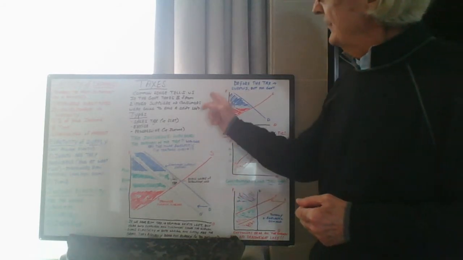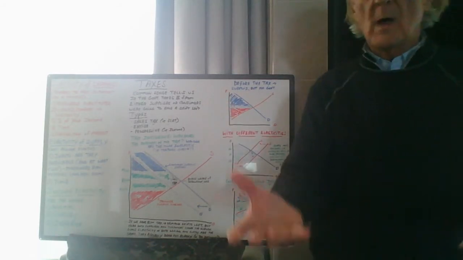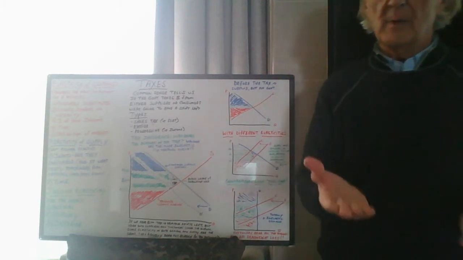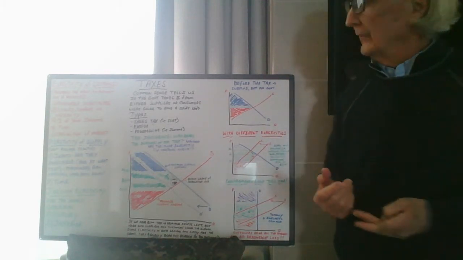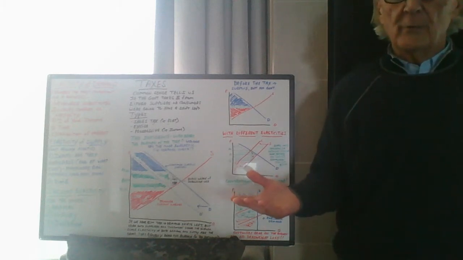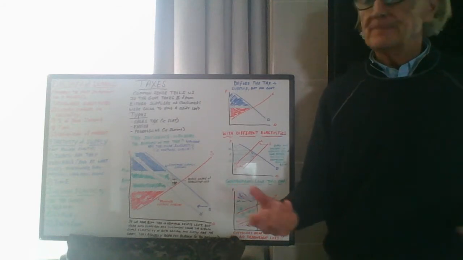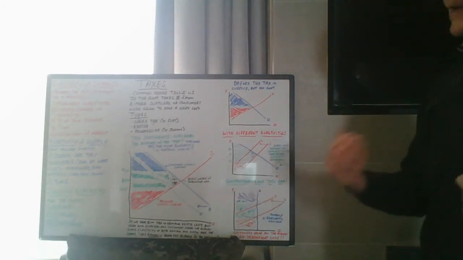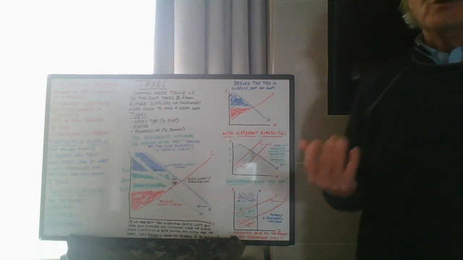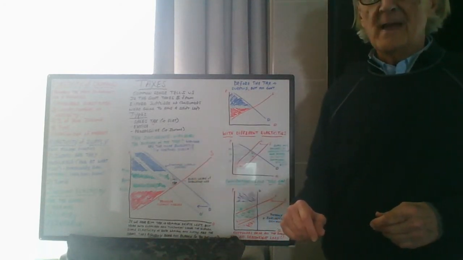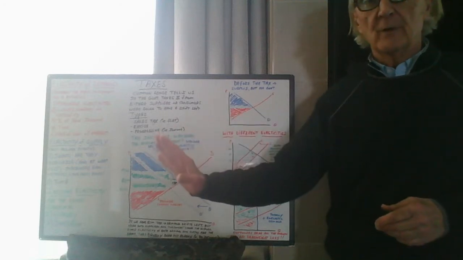Now, taxes, all right? Well, when government takes taxes from us, and we're going to talk about this more in fiscal policy, it's no surprise. You and I have less money to spend, all right? Well, if we have less money to spend, in general, it's going to move the demand curve to the left.